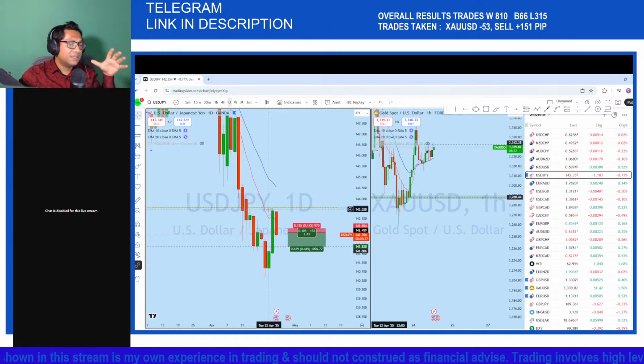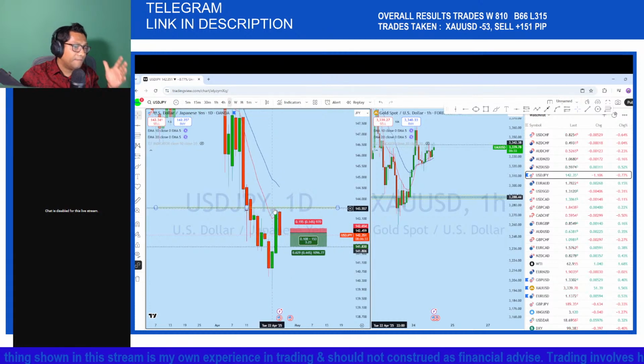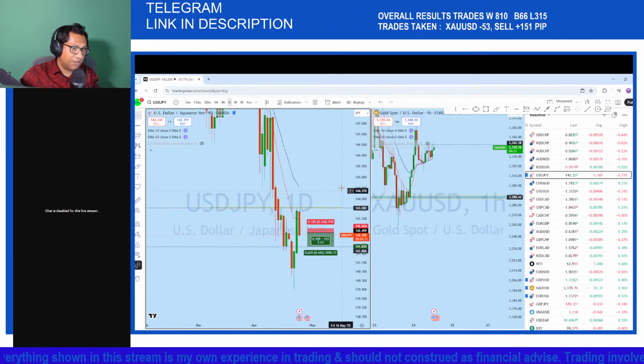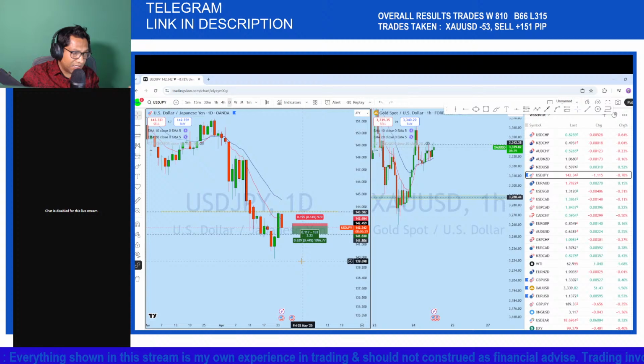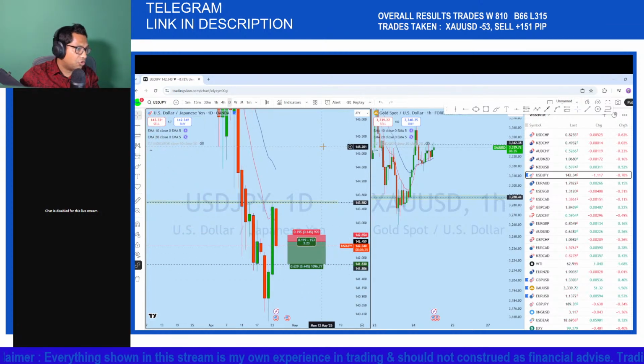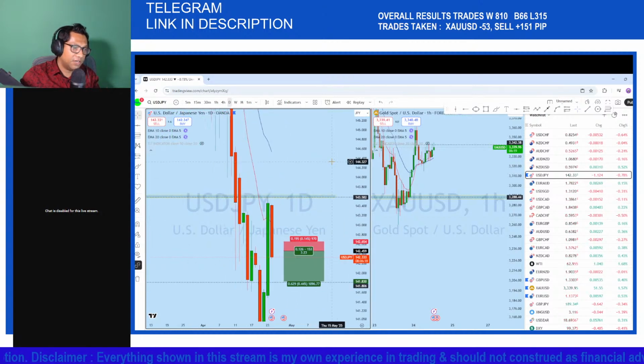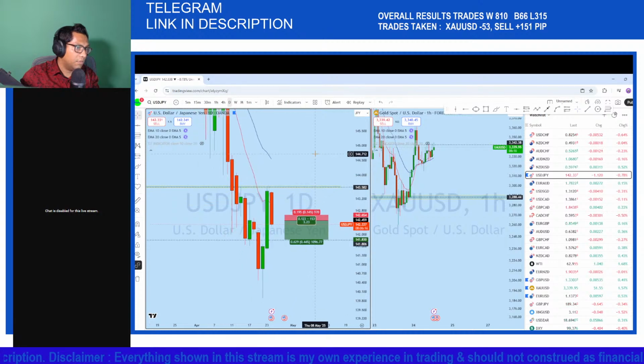This is a smart money zone where the smart money really wants to sell this market. If you want to be a profitable trader, you need to trade like smart money. If you trade like a retail trader, you're not going to make money.